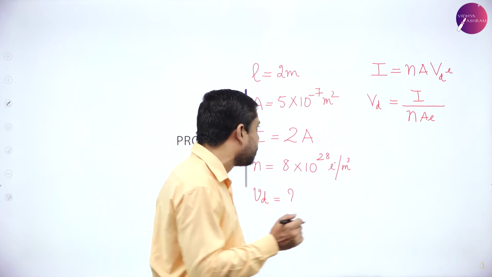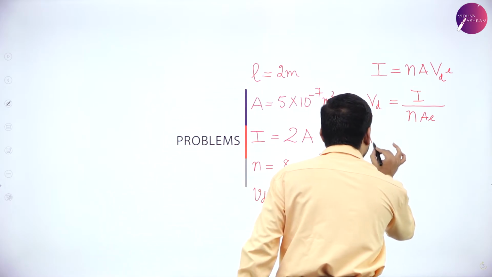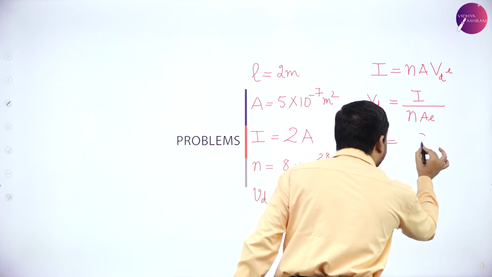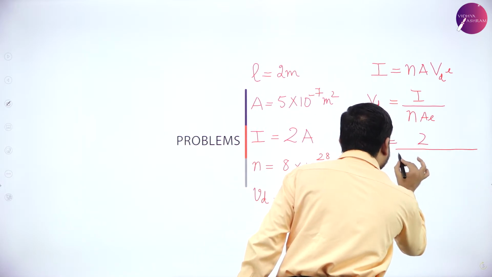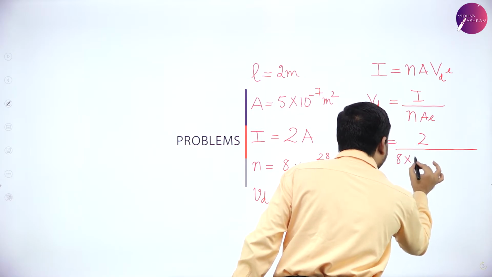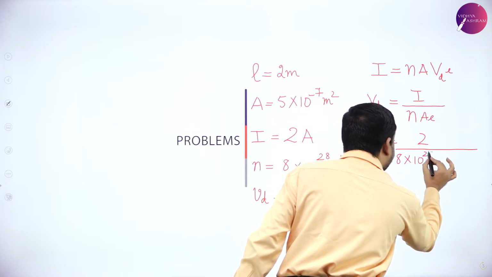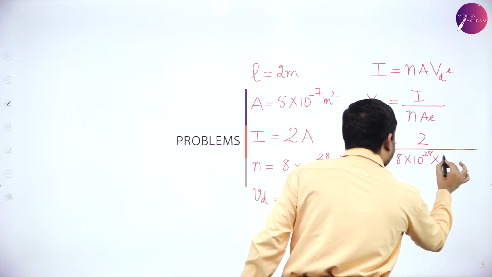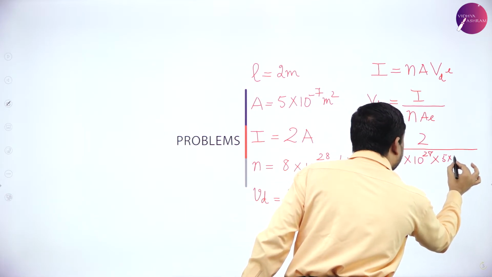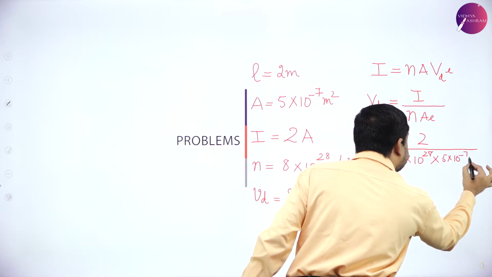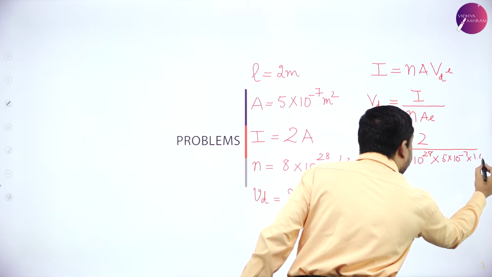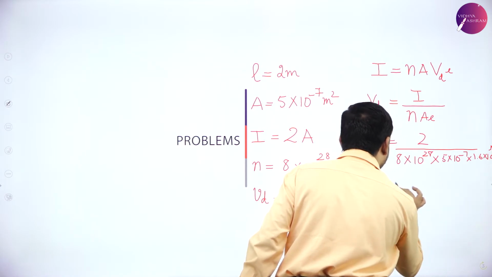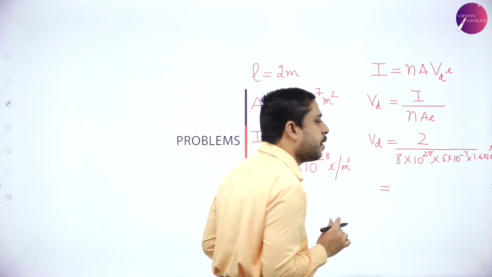So on substituting here, Vd equals, how much is I? 2 A, N is 8 into 10 power 28, A is 5 into 10 power minus 7, e is 1.6 into 10 power minus 19.